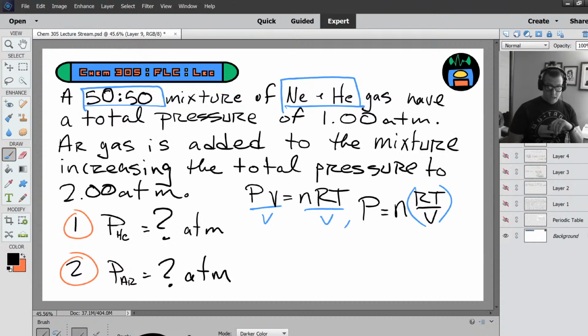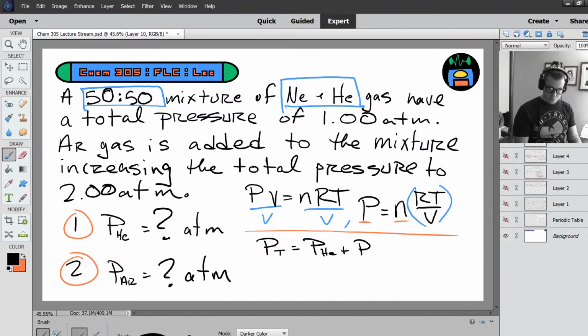Okay. So we've seen before that the pressure of a gas and moles of a gas are directly proportional. We've done problems like this. That means that the total pressure, before we add any argon, is equal to the partial pressure of helium plus the partial pressure of neon.